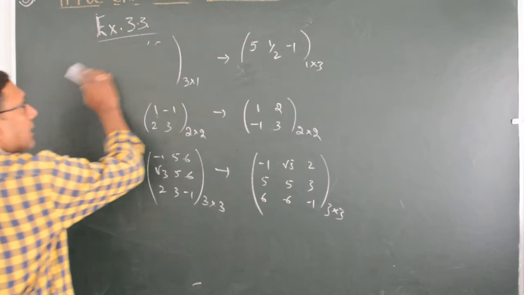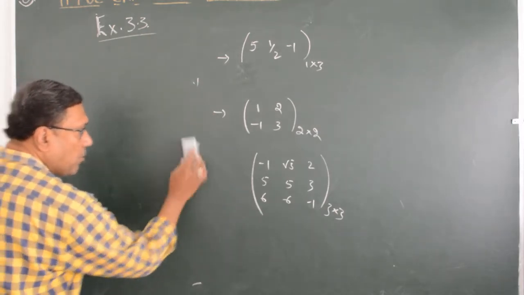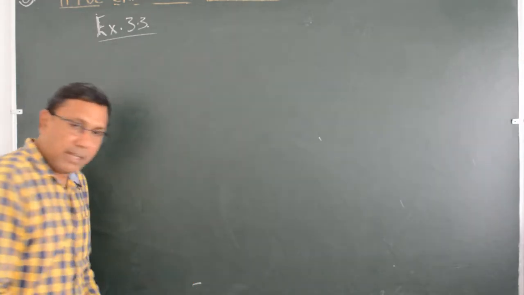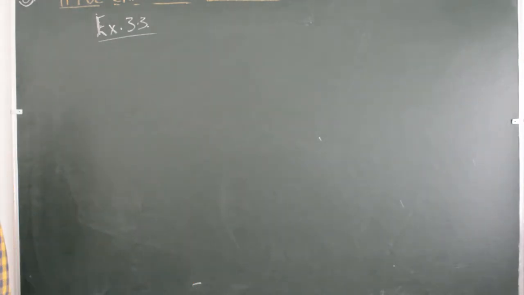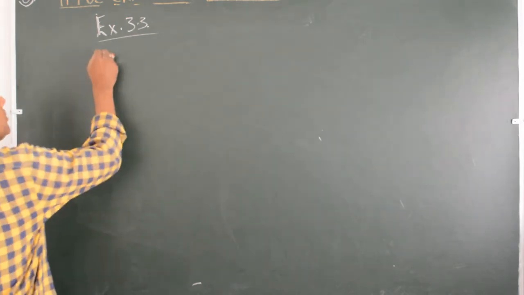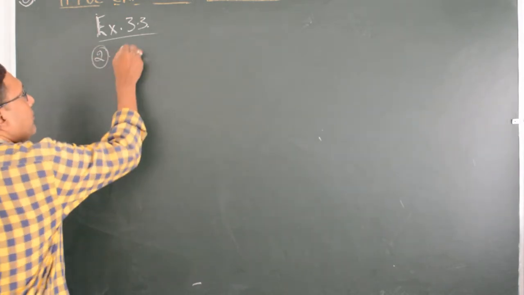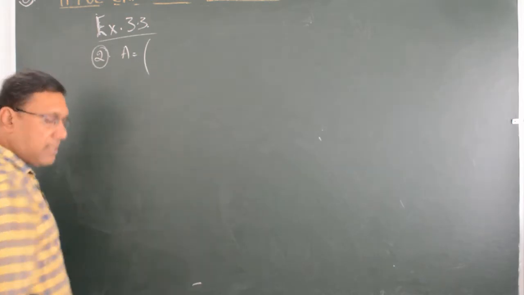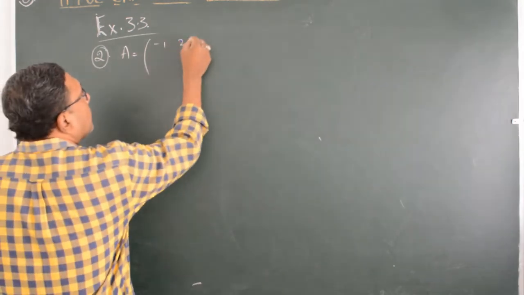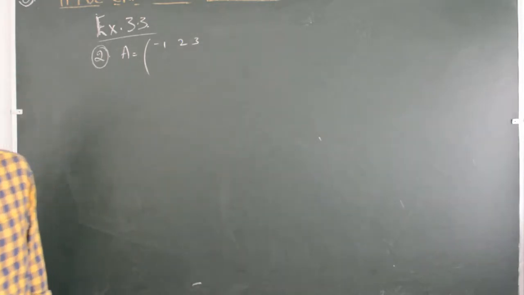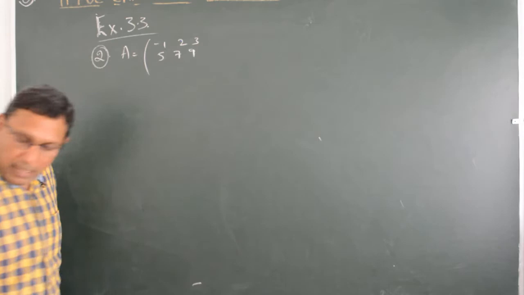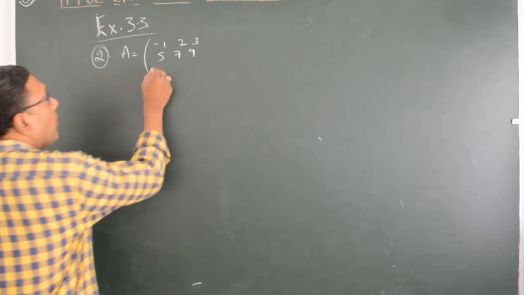That's done with question number 1. Let us see what is given in question number 2. Again, we have been given two matrices. A is a 3 by 3 matrix: minus 1, 2, 3; 5, 7, 9; minus 2, 1, 1.